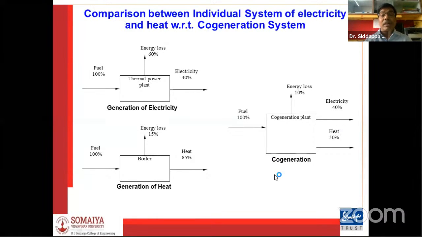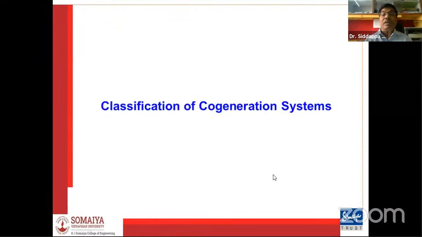This is the basic difference between how individual systems like heating and power systems differ from a cogeneration system. Generally, the cogeneration systems or these combined heat and power systems are classified into many categories depending upon, as I already told you, the principle of operation.